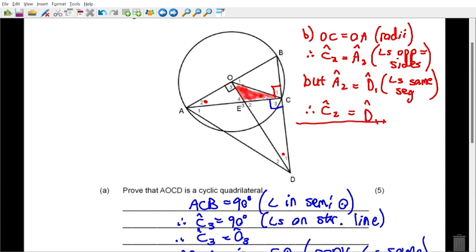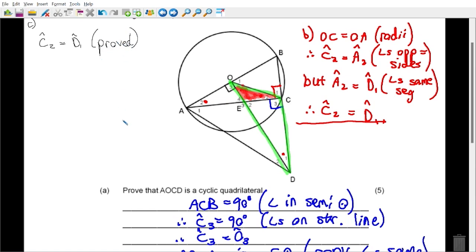So we're talking about the little red triangle, and we're talking about this bigger green triangle. Okay, and this geometry very often builds on itself, and this certainly does over here. What I know is that C2, so this is my answer to question C, C2 is equal to D1. All right, and that has been proved higher up.